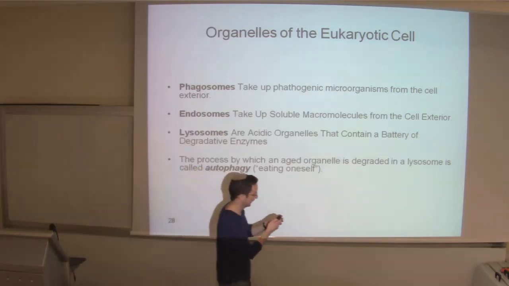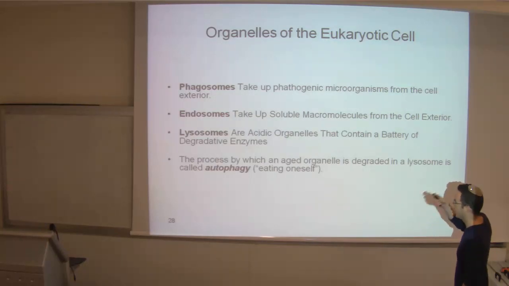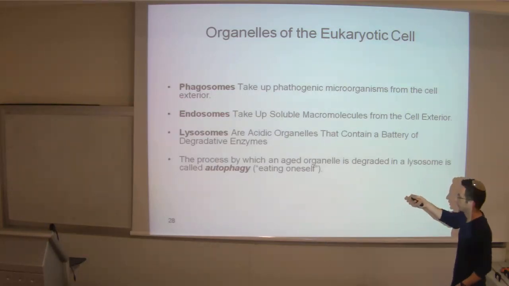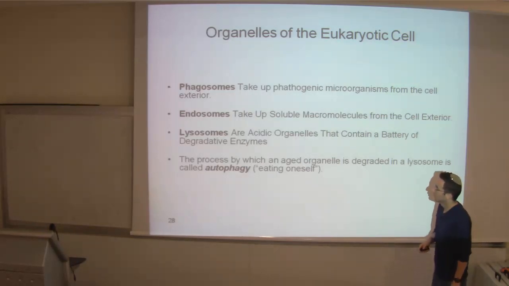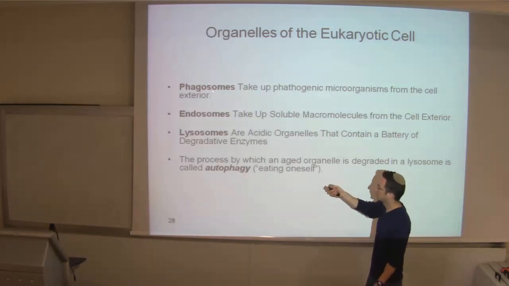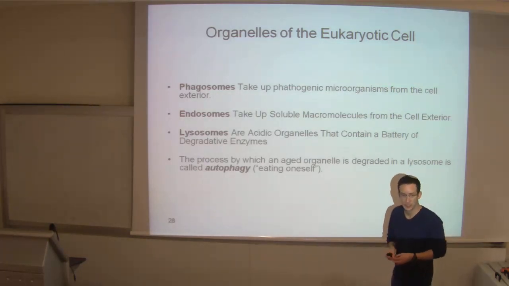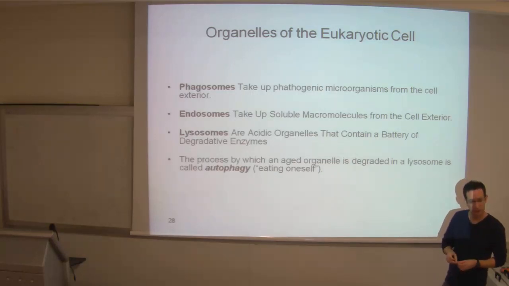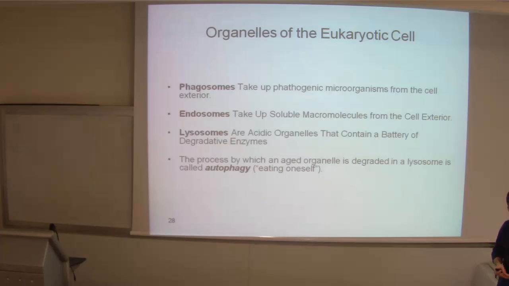Second kind of vesicles that we mentioned are endosomes, and they take up smaller molecules into the cell, which are macromolecules. The process phagosomes are involved in is called phagocytosis, and here we have endocytosis. We also have pinocytosis, which is not mentioned here. Pinocytosis internalizes the smallest substances from the cell exterior, and it plays a role in probing of the environment by the cell.